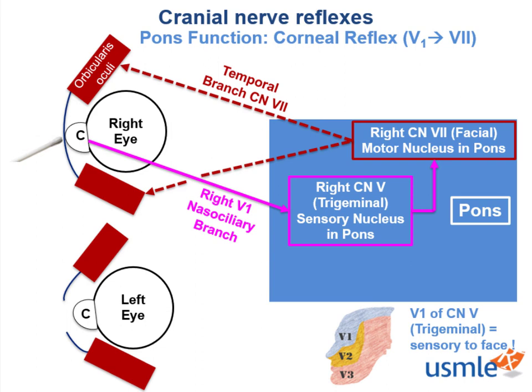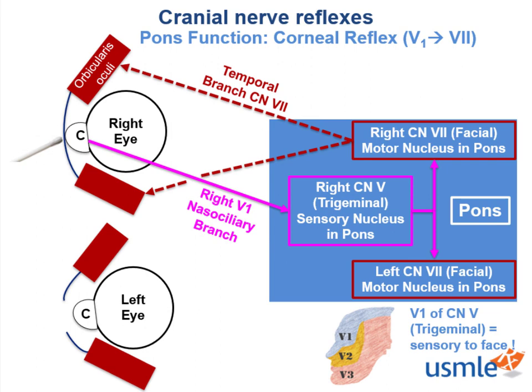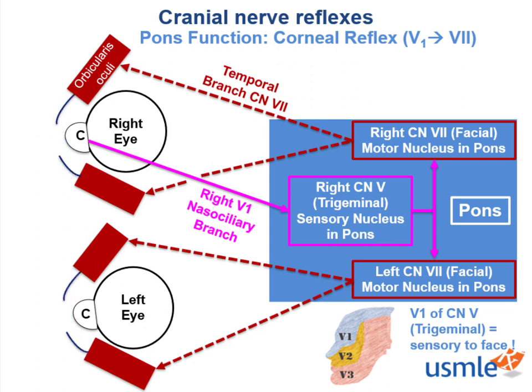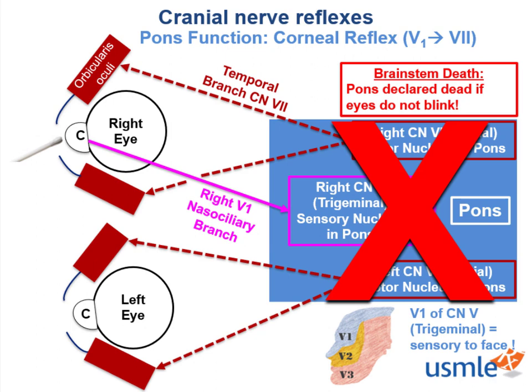The stimulated right cranial nerve 5 sensory nucleus activates the left cranial nerve 7 or facial motor nucleus in the pons, which sends signals along cranial nerve 7 to the orbicularis oculi to close the eyelid. Resetting our animations, if the patient's cornea is touched and no response is observed, the pons may be considered dead.